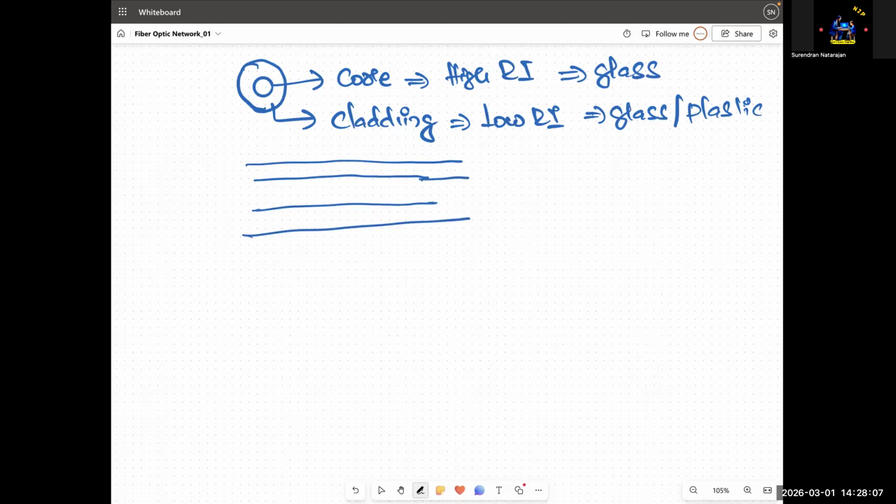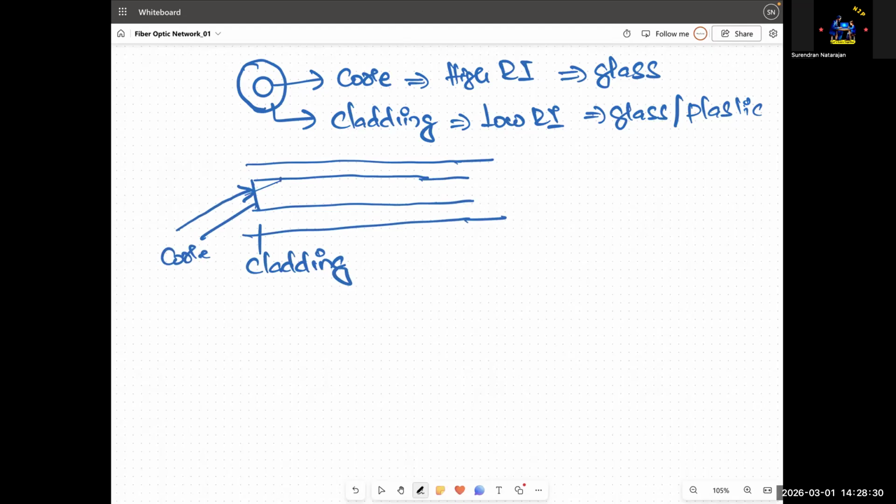Here is the same fiber optic cable from a different, side angle. This is the core, and this is the cladding. Whenever light is traveling in this direction, it reaches the boundary.